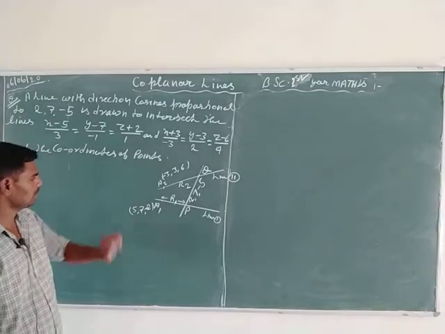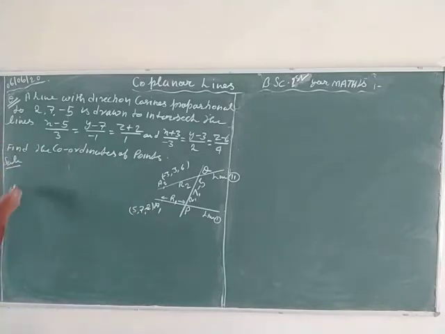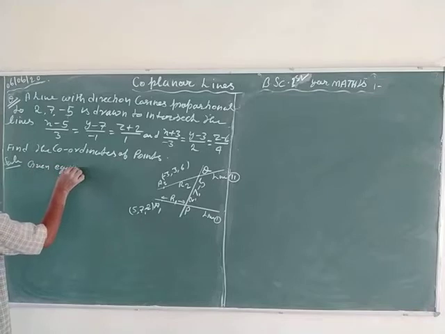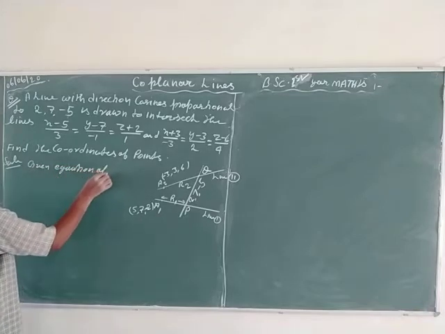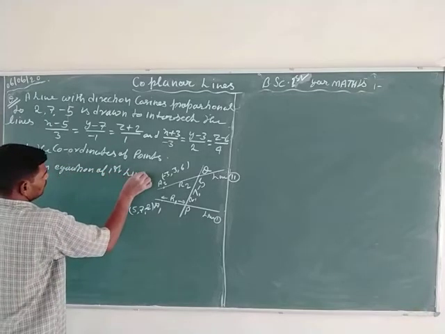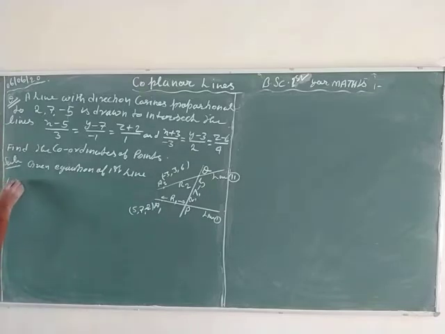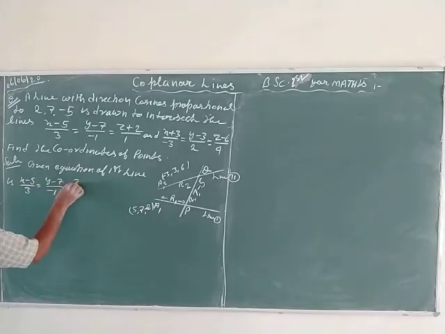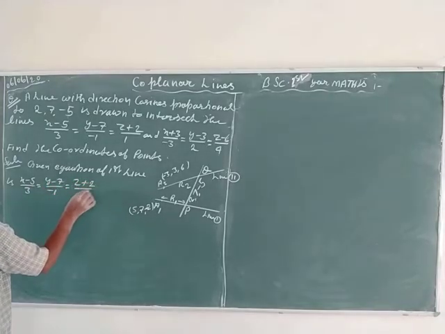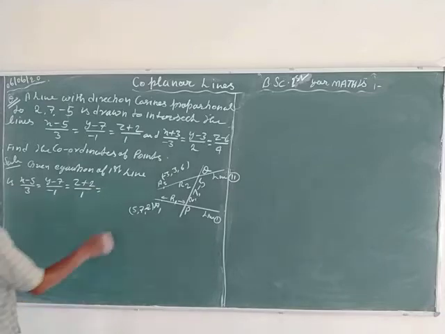For this, write the equation of the first line. The given equation of the first line is (x minus 5)/3 = (y minus 7)/(minus 1) = (z plus 2)/1 = R1.